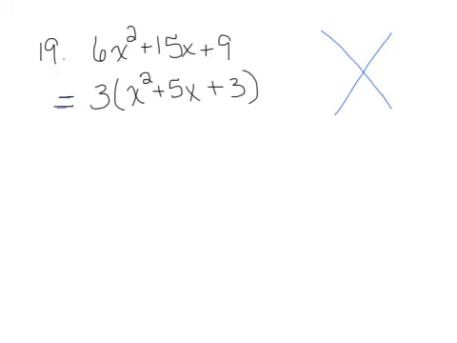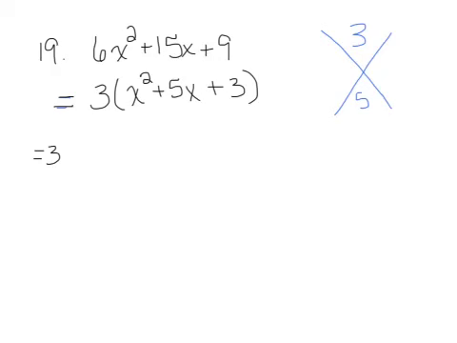So we'll have x squared plus 5x plus 3 is what we're really trying to factor. Now remember, the 3 always stays out in front. But this time, I have a leading coefficient of 1. So when I'm looking for my numbers, 1 times 3 is 3, and they add up to 5.